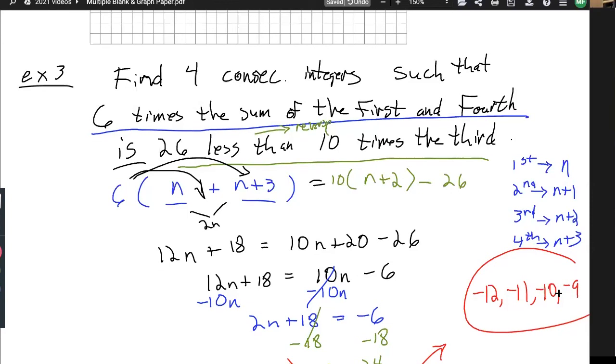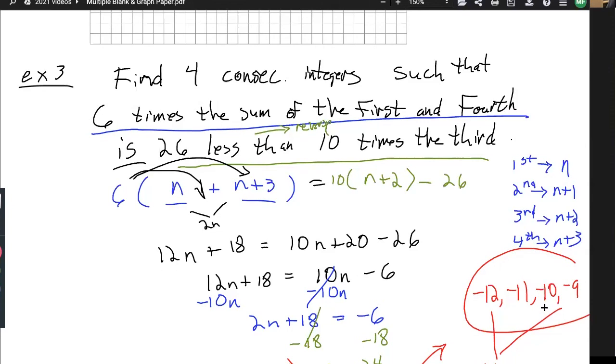Let's plug it in. 6 times the sum of the first and fourth. Well, the sum of the first and fourth is, let's see, negative 21.